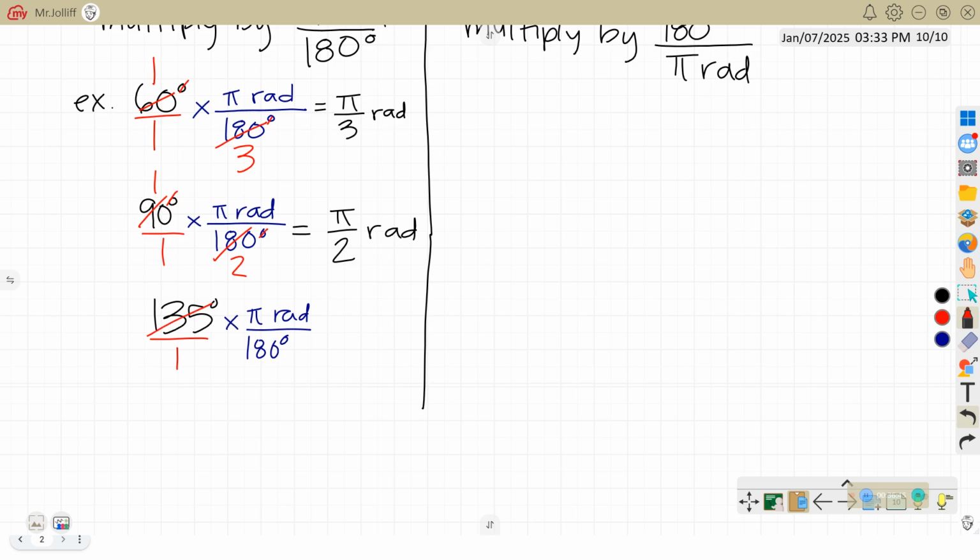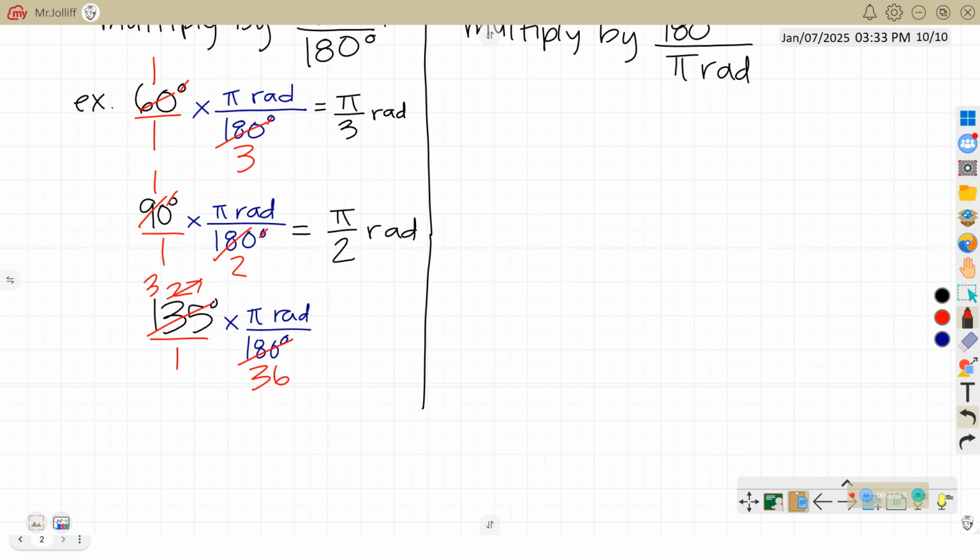So 135 divided by 5, 27. That's a less scary number. And 180 divided by 5, 36. Those numbers are less scary to me. They're both divisible by something. 9. Yeah, they're both multiples of 9.